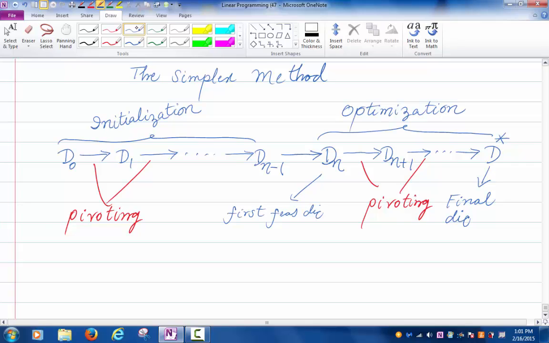You can divide the Simplex method into two steps. One is initialization. The other step is the optimization. The operations involved in both of them are the same. However, initialization means that your initial dictionary is infeasible, and then you want to apply your operations to come up with a feasible dictionary. So on this side you have infeasible dictionaries.